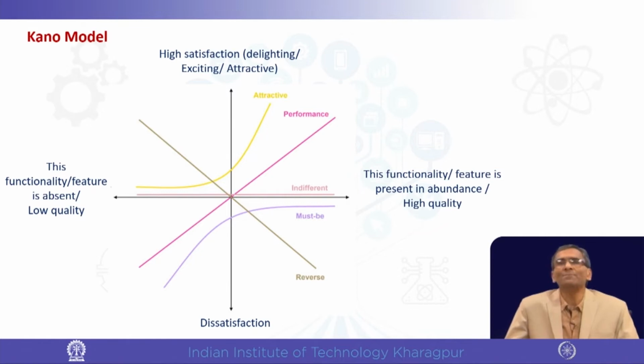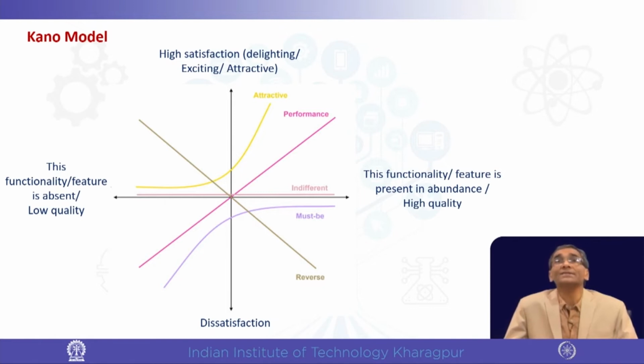And the must-be: if it is not there, people are dissatisfied, as in this purple line, but if it is present, people do not mind. The satisfaction level does not go up much, it is just there because it is taken for granted.